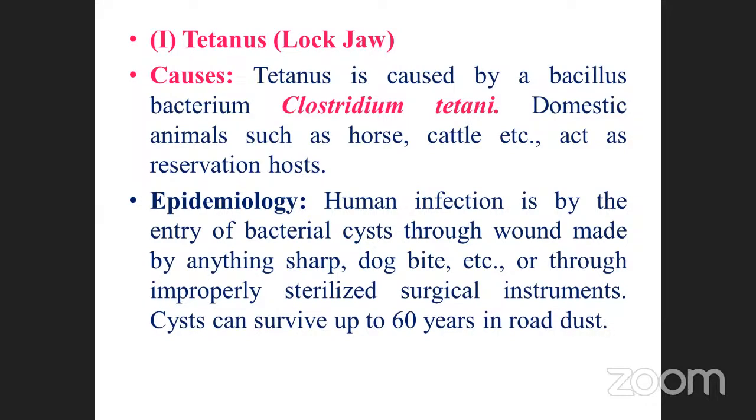Epidemiology: human infection is by the entry of bacterial cysts through a wound made by anything, a sore, a dog bite, etc. Dogs also carry the bacteria. Or it spreads through improperly sterilized surgical instruments.